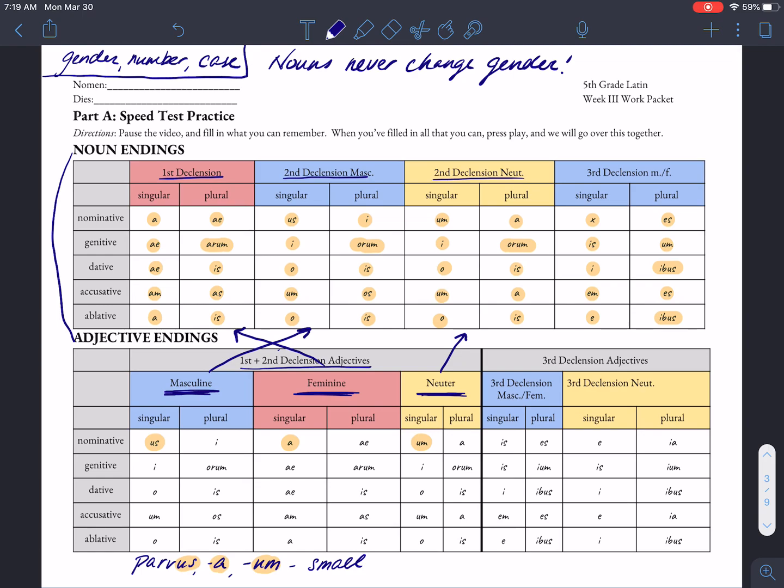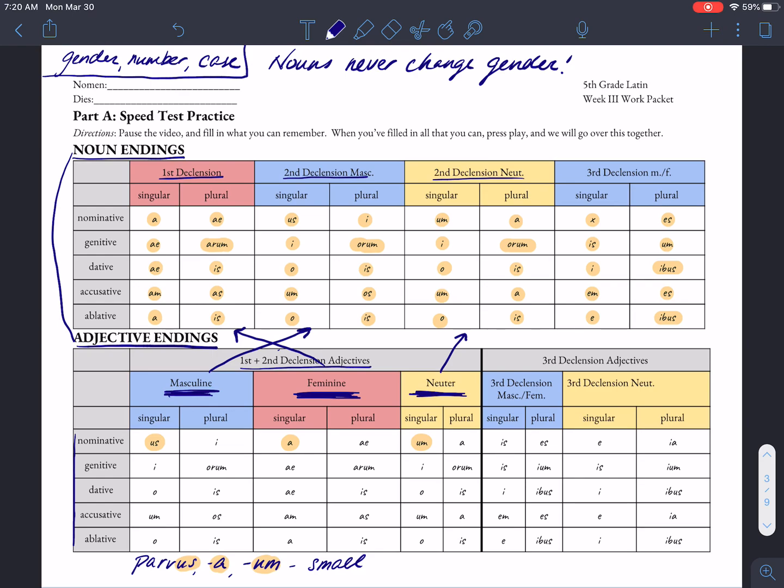But if nouns never change gender, then something has to change. And that's why adjectives have all the forms. It could be masculine, it could be feminine, it could be neuter, it could be any case, and any number for that matter.